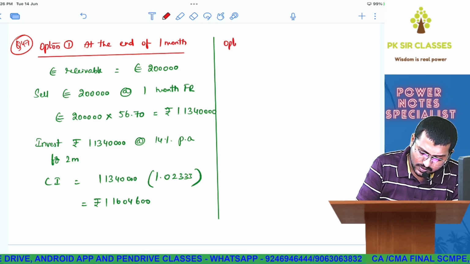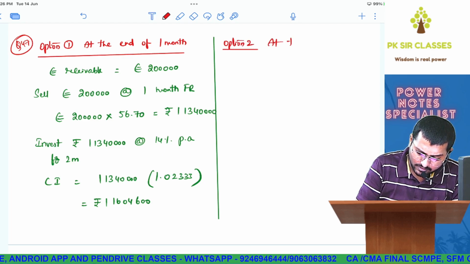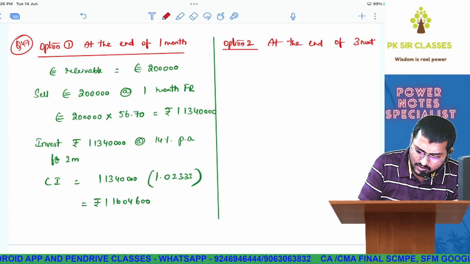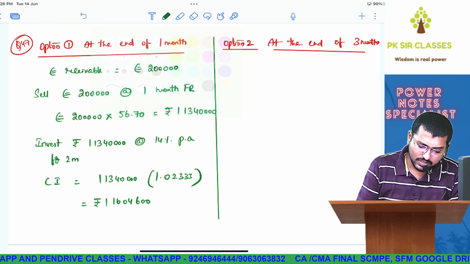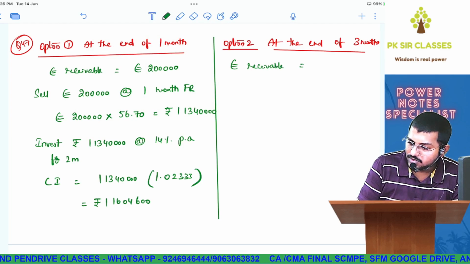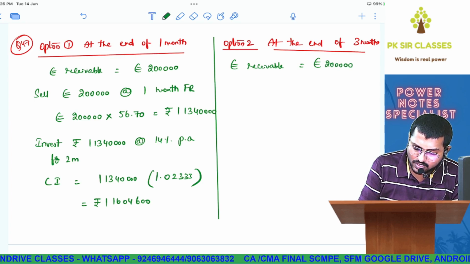Option 2. What is option 2? At the end of 3 months. Again, euro receivable. How much will I receive? I'll not only receive 2 lakhs, but also the interest.